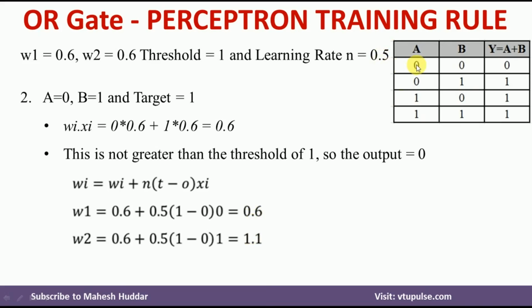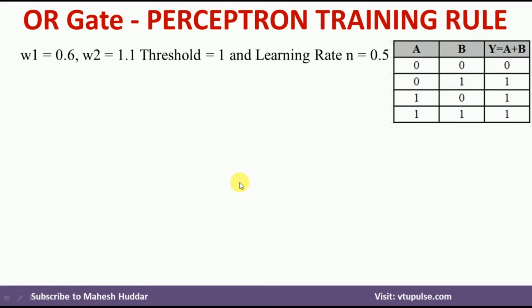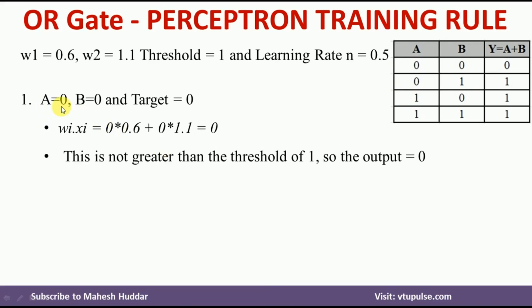Now we will start with the first example and check whether all the examples are classified correctly with these modified weights. Again the first example is A equals 0, B equals 0 and target is 0. The summation term is 0 again. This is not greater than the threshold value 1, hence the output is 0.